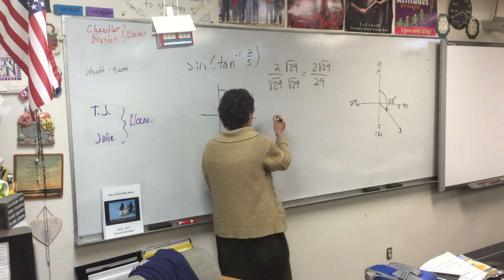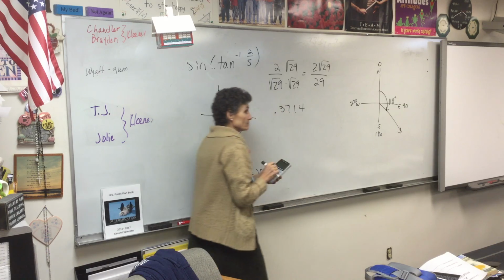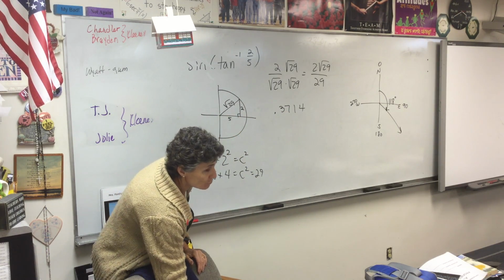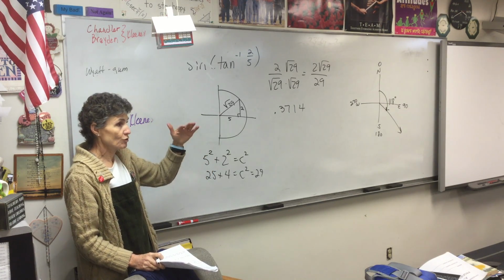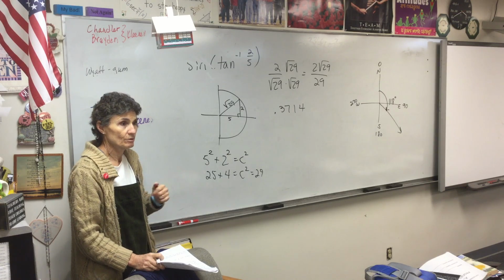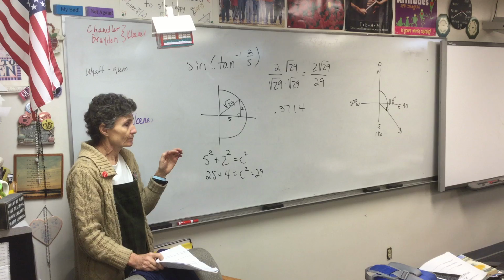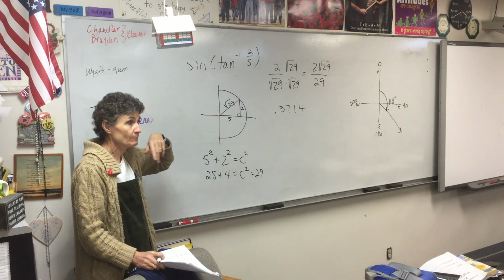And you should come up with a decimal, 0.3714. Do not get confused. When you're doing that on your calculator, that's what you're doing. Just type in exactly what it says. So everybody getting 0.3714? Everybody with a calculator?